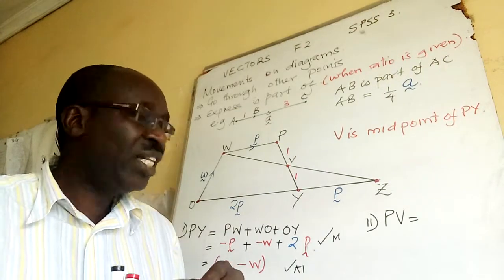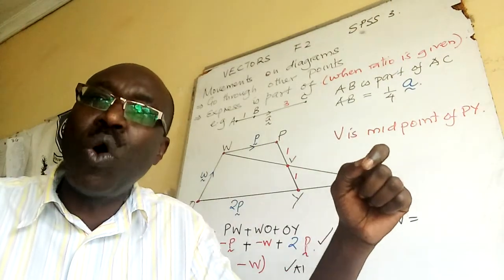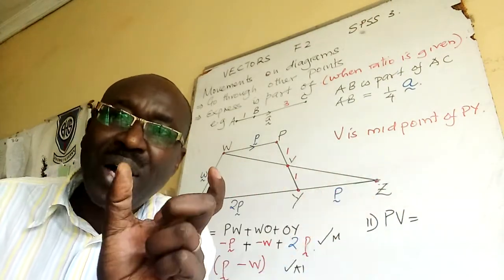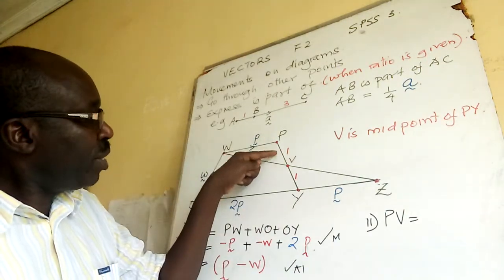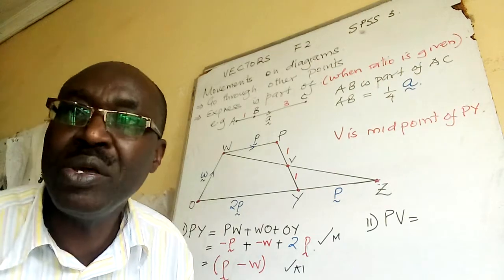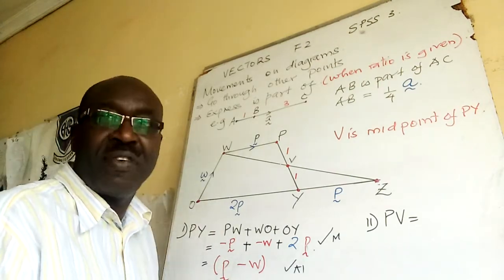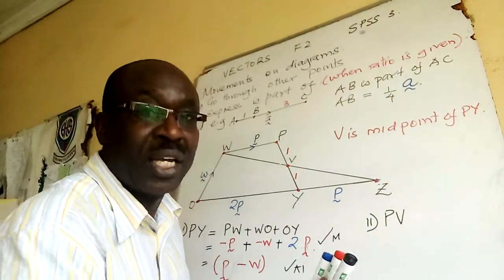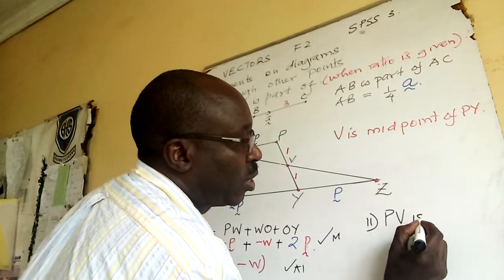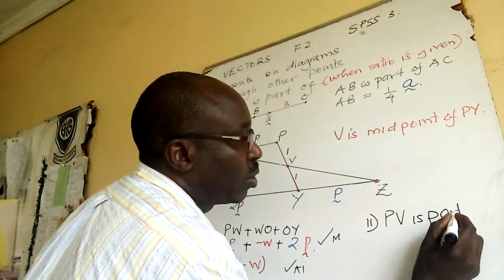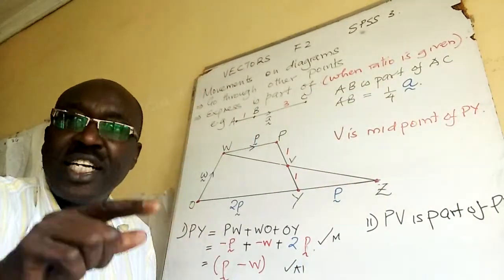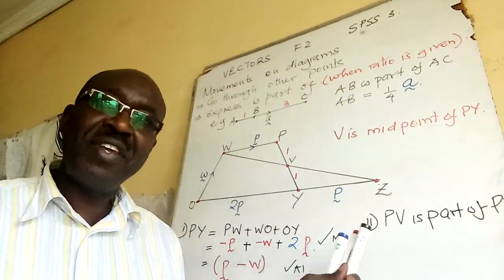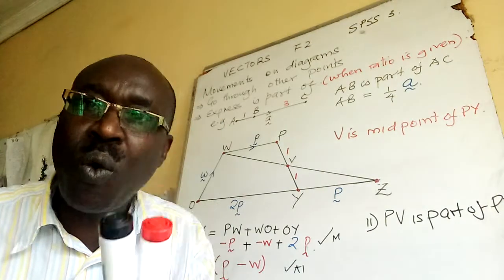You can see there is a highway PY, but now I want only PV. So you say PV is part of PY. That is the statement. PV is part of PY.